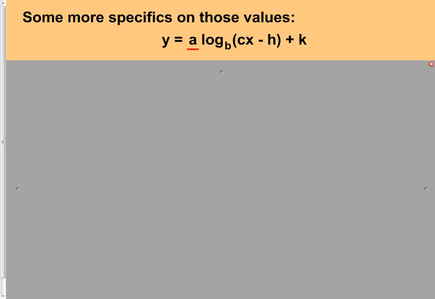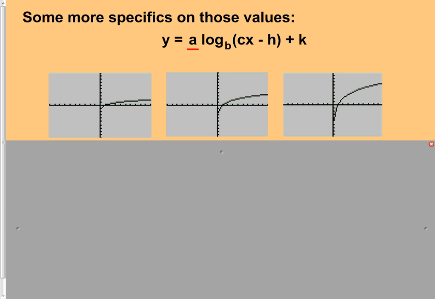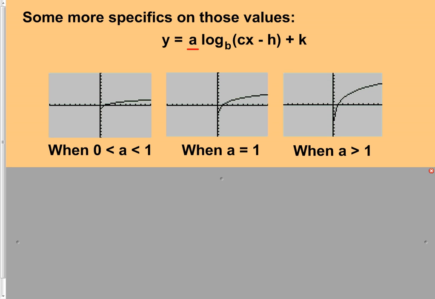Okay, so let's take a look at what would happen inside of the logarithmic function if the coefficient a is changed. Now we said that adjusting a would cause the overall y value to be altered. The graph is going to be compressed or stretched vertically. So there in the center, when a is 1, that is the basic reference starting point.